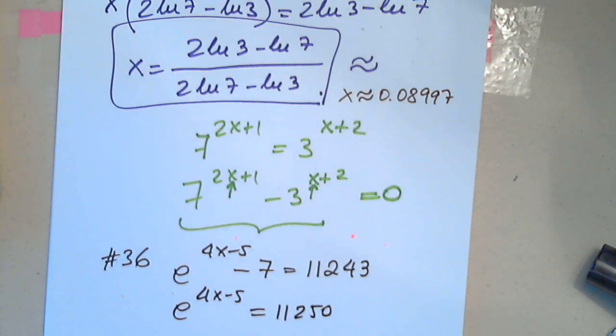Now, can I present e and 11,250 with the same base? That's never going to happen. So what is the only choice I have?